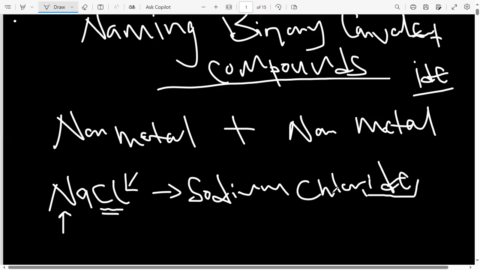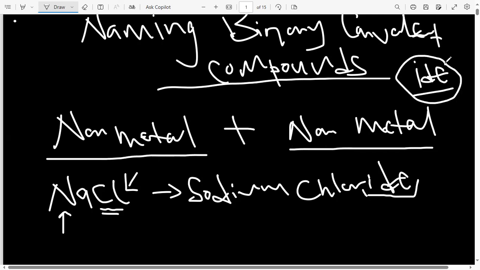This was the technique we were using when naming those ionic compounds. Even when naming these binary covalent compounds, we are going to apply a similar technique. We first write the name of the first non-metal, plus the other non-metal, and that non-metal should end again with IDE.